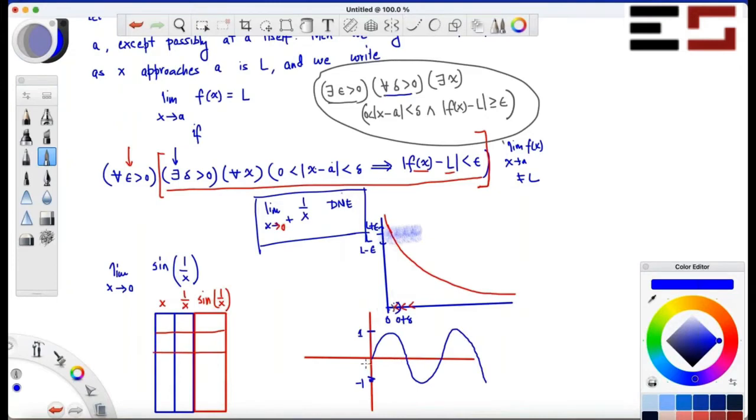So this is 0, this is pi by 2, this is pi, this is 3 pi by 2, and this is 2 pi. So it's a periodic function. After every 2 pi interval, it repeats itself.